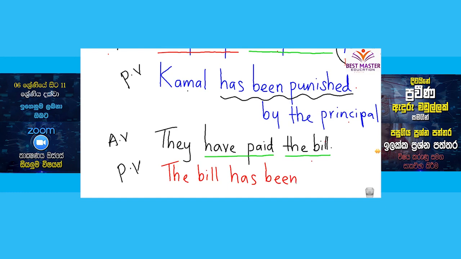After that, the verb form, the past participle verb, the same one, paid. By, you can add if you want, but by, not they. You can't use they. By them. THEM.